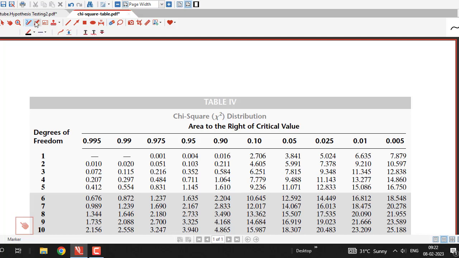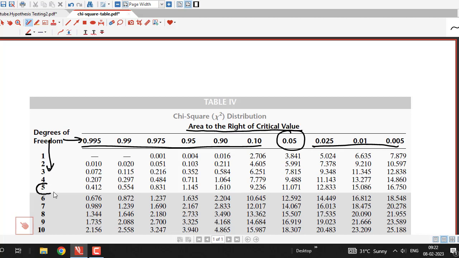Here I have to first search for the 0.05 level of significance. All these values are for the level of significance, or areas to the right of the critical value. Here they have mentioned area to the right of the critical value, and these are the degrees of freedom. We are in search of 5 degrees of freedom and this level of significance.